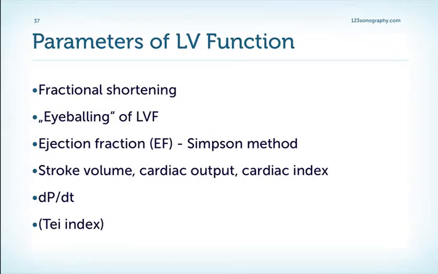But let's now see which parameters are available for the quantification of left ventricular function. Fractional shortening, eyeballing and estimation of left ventricular function, calculations of ejection fraction using the Simpson method, calculations of stroke volume, cardiac output, and cardiac index, contractility measurements using dP/dt, and the TEI index.